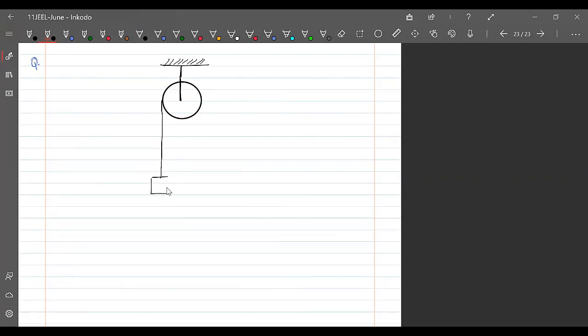So on this side, there is a mass m1, and on this side, there is another mass M2. M2 is given to you as 4 kg and M1 is given as 2 kg.